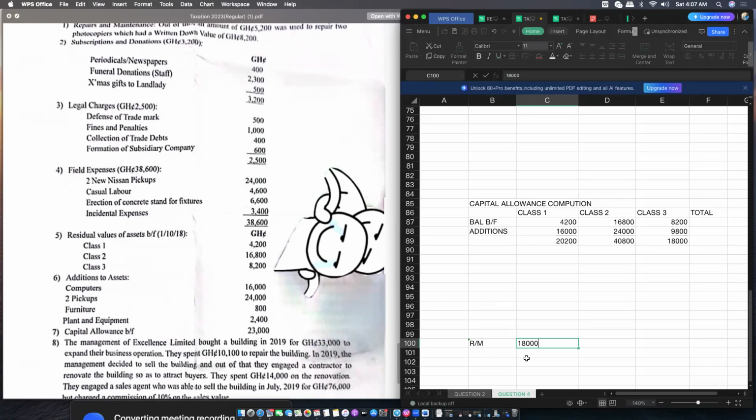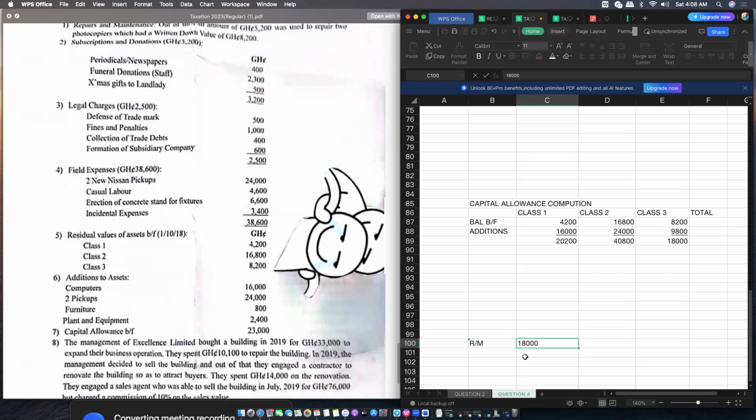What next are we supposed to do? We are supposed to charge 20% of the 18,000. Ask yourself, repairs and maintenance under what class? You know it is class 3, and what is the rate for class 3? 20%.